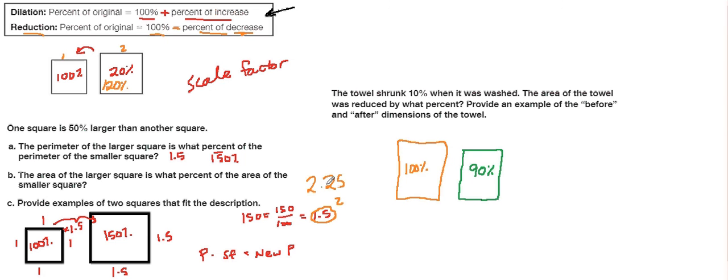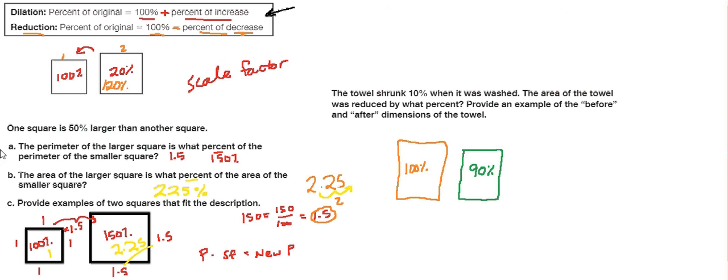So then change that into a percentage by multiplying back by 100, and it changed 225%. And we could test that by doing 1.5 times 1.5, you get 2.25. But 1 times 1 is just 1. So, 2.25 divided by 1 shows that it changed 2.25.